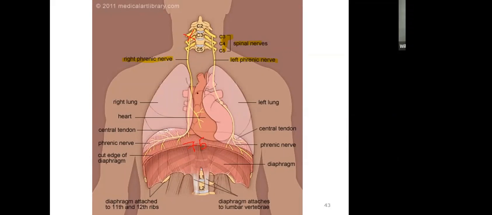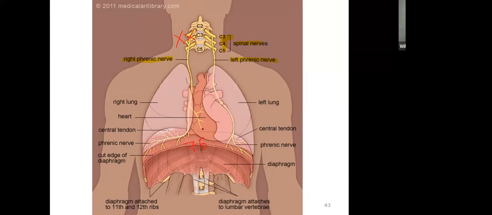So this is huge because now you've got the surgeon doing maybe a biopsy or removing a tumor or doing some kind of surgery in this region, and they inadvertently cut this phrenic nerve. And so you get something called unilateral diaphragmatic paralysis. Bilateral diaphragmatic paralysis is a terrible thing because it means that the diaphragm is completely not working and the patient can't ventilate at all.